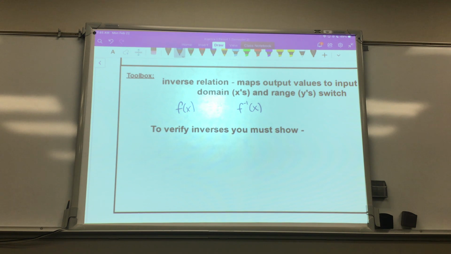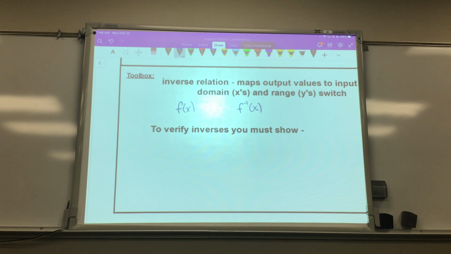is you are going to compose both of the functions. So f of the inverse, that should equal x, and then going the opposite way as well. So remember, inside function, you're going to plug that into the inverse, and you're going to plug the inverse into the original function as well.